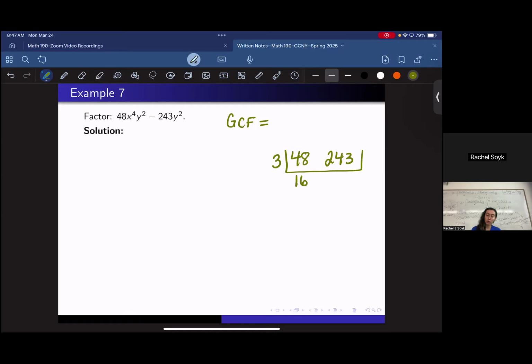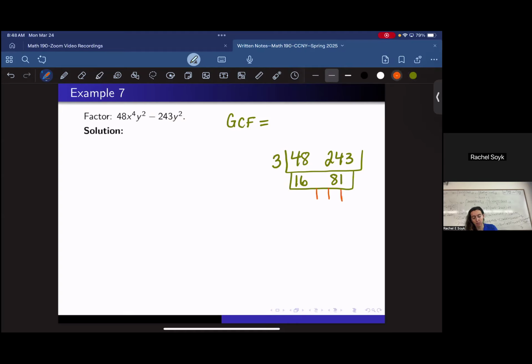And then what about 243? Well, break it up. How many times does 3 go into 24? 8. And how many times does 3 go into 3? 1. So we have 81. And now out of 16 and 81, are those two numbers relatively prime?